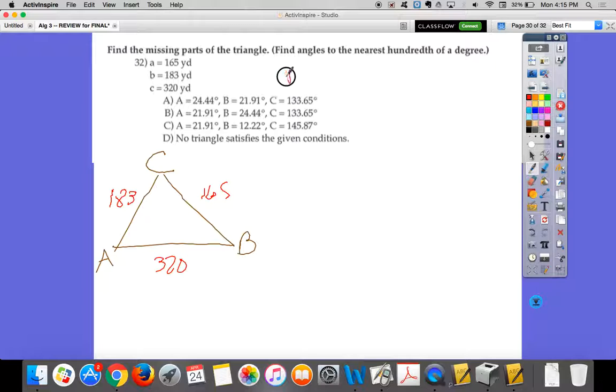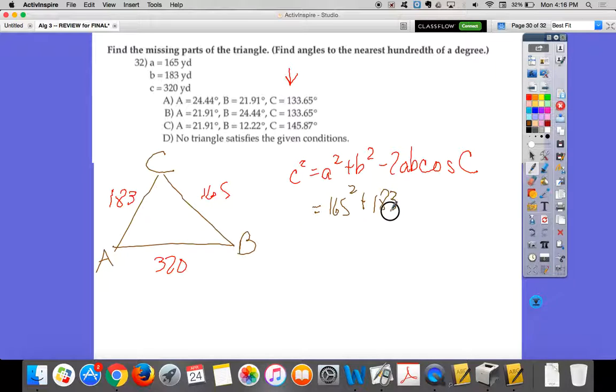It looks like angle C is going to be an obtuse angle, so I'm going to go for it first. So c squared equals a squared plus b squared minus 2ab cosine of C. Now that's going to give me 165 squared plus 183 squared minus 2 times 165 times 183 cosine of C. And I totally forgot to put my little c squared over here, so let's put 320 squared.